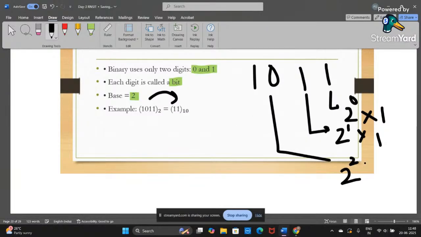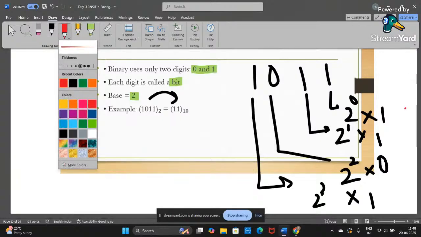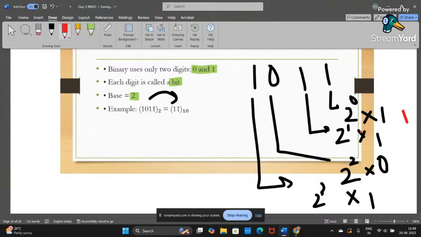Then 2 power 2 into 0. Then 2 power 3 into 1. Now 2 power 0 means it is 1. 1 into 1 will get 1. Then 2 power 1 is 2 into 1, it is 2. Then anything multiplied with 0 is 0. 2 power 3 is 8 into 1, 8. So adding all this we will get 11.